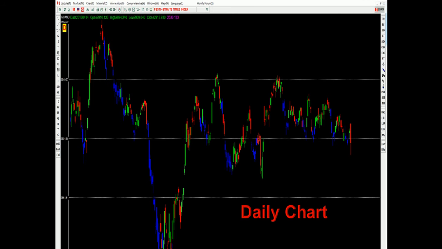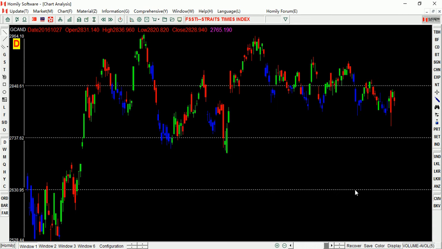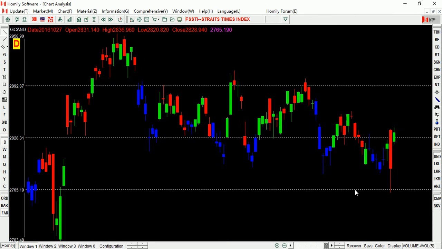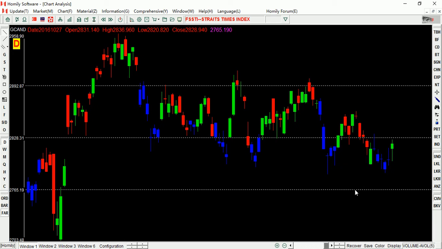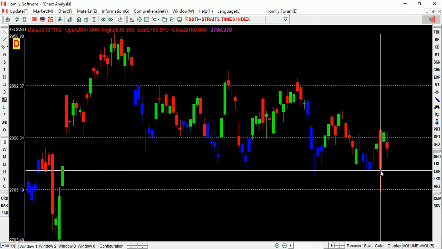Okay. So let's see the STI index. If you see the blue signal disappear, maybe you can do some short-term rebound, but you should set a stop loss point.